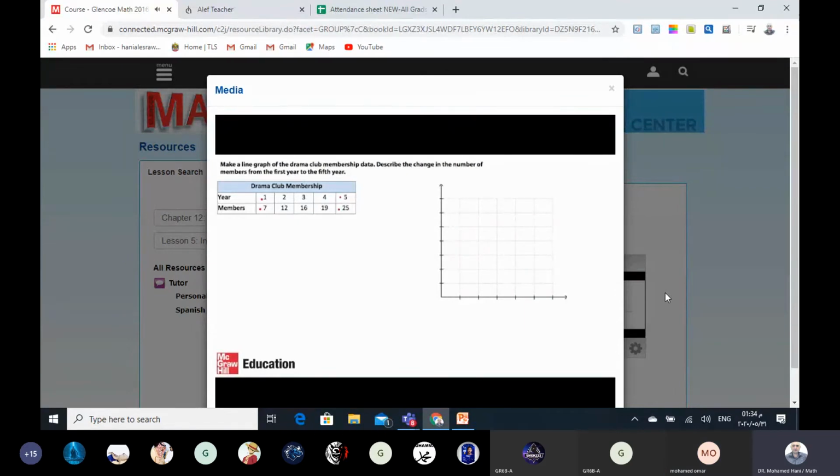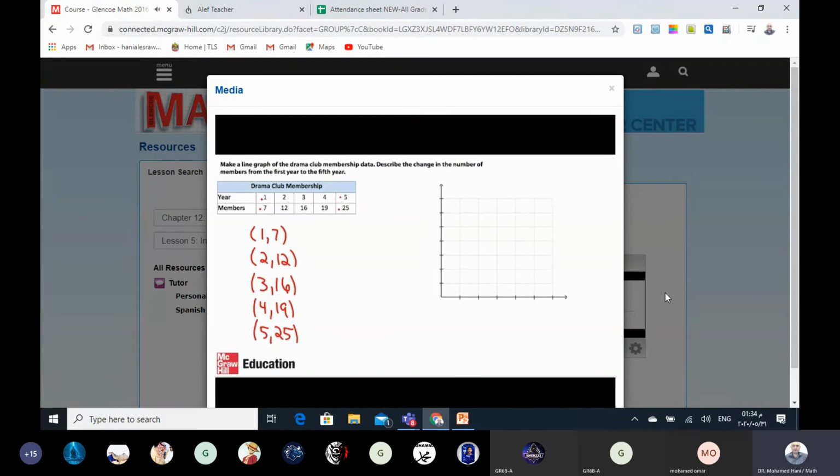So in our graph, we should see a similar pattern. Let's plot these points. We have ordered pairs of (1, 7), (2, 12), (3, 16), (4, 19), and finally, our 5th year, we have 25 members in the Drama Club.